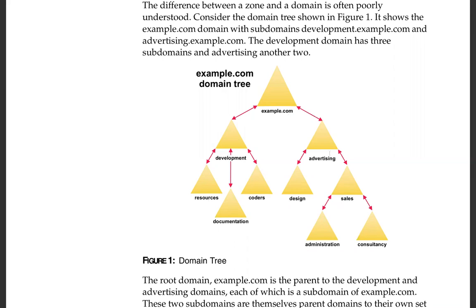When you come here, you can have advertising.example.com. When you pass and come here, you can have design.advertising.example.com. You can also have sales.advertising.example.com. You can come here and have consultancy.sales.advertising.example.com. This is the domain structure.